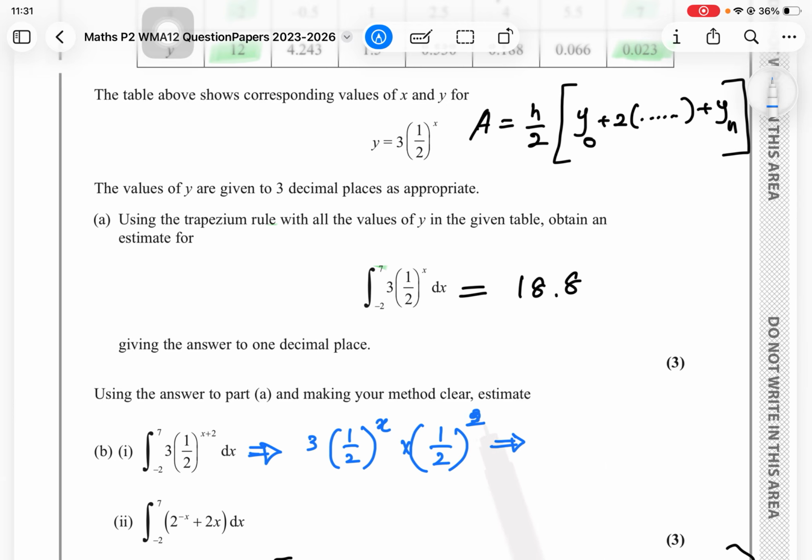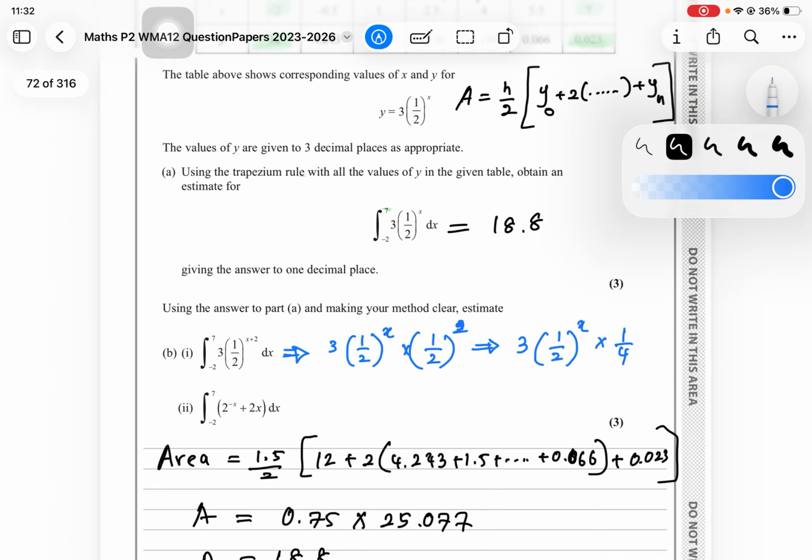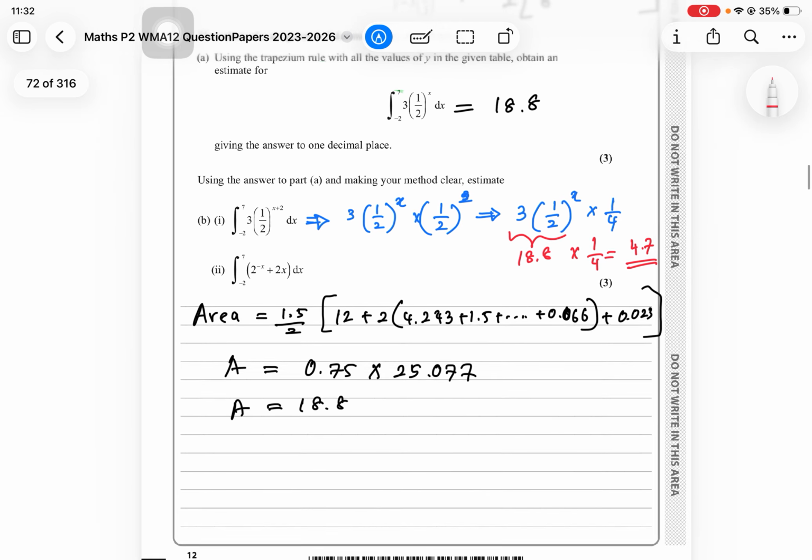Sorry, 1/4. So this thing times 1/4 is the value that we have. With this, we can write this area is the value that we found, which is 18.8. You times it by 1/4, which gives you the final answer, 4.7. This is the answer for Roman number 1.